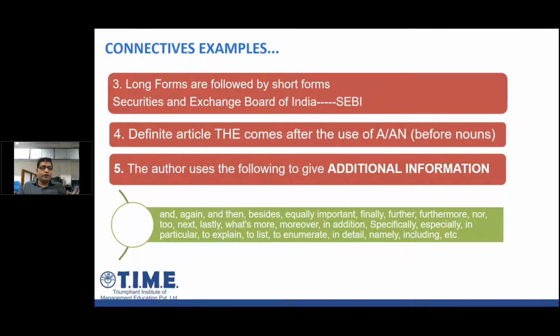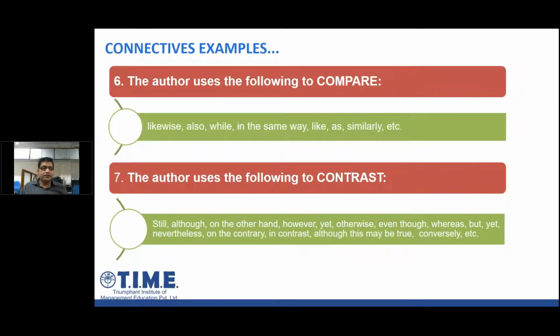Then we go ahead. The sixth type of connective that we have here is the author often uses the following to compare. You see, one of the important things authors in general do, or we all of us do in general, is we make comparisons. When we look at people, places, animals, we make comparisons. We talk about one thing and say that it is similar to something else. So the author may also do this.